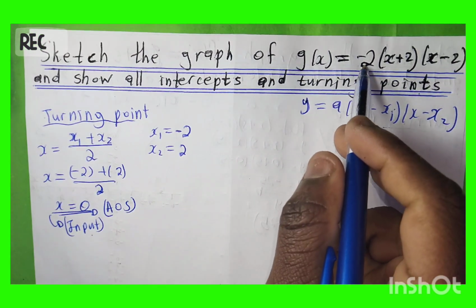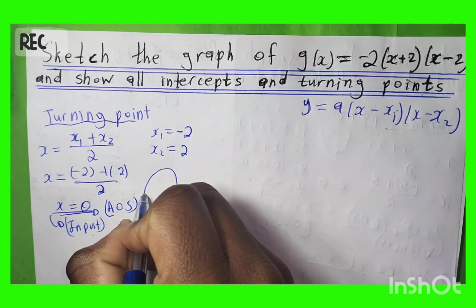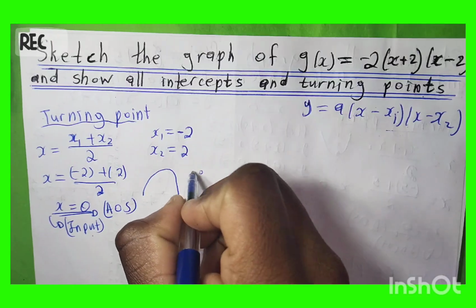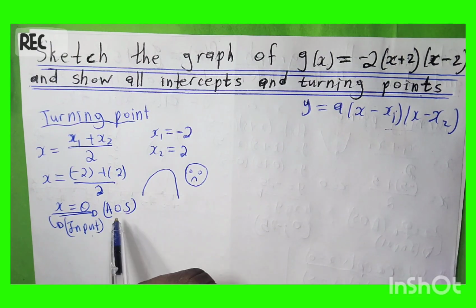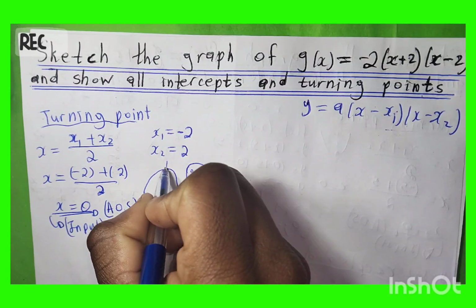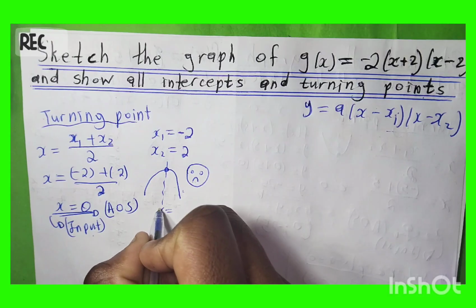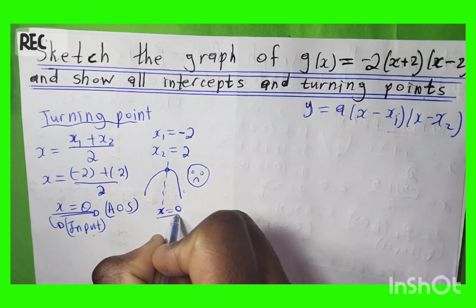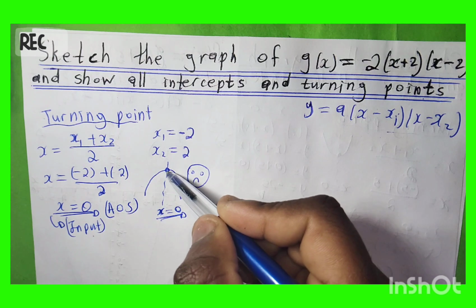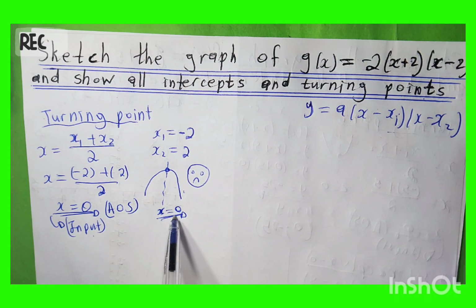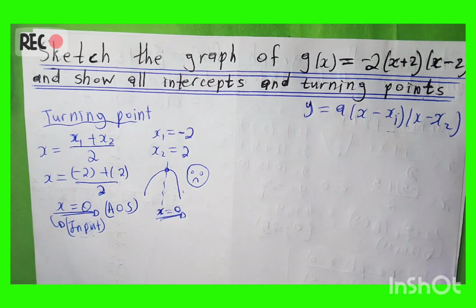Here, this thing is a negative value, meaning that it's a sad face. So sad face, don't forget, is what you call that there. Now the axis of symmetry, guys, divides a shape into two equal parts, meaning those axes of symmetry will be represented by x is equal to 0. They will pass through the turning point. So because they pass through the turning point, it means that this thing there will also be the input for the x value of the turning point.